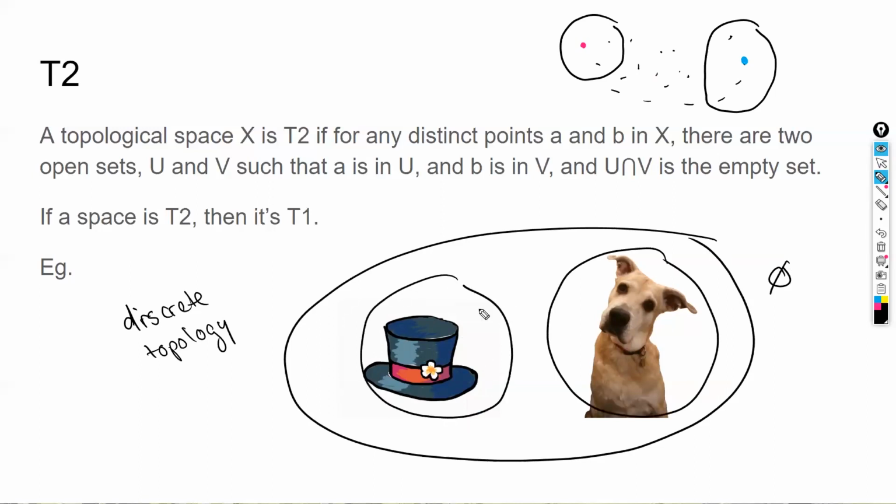The set that contains hat does not intersect the set that contains dog. So this works for T2. Okay, let's try to find something that isn't T2. Well, I think something that we've already seen before is going to work again. Sierpinski, right? Now I can't separate dog and hat using different sets.